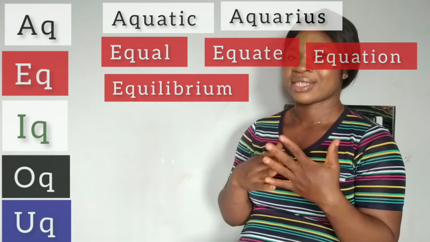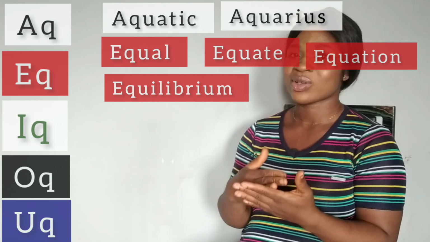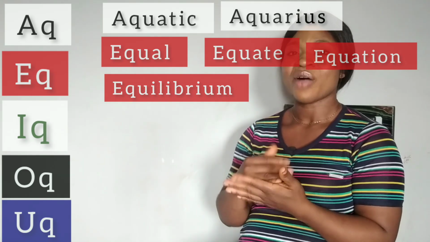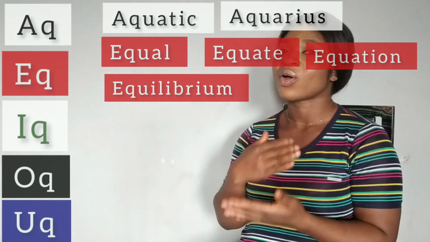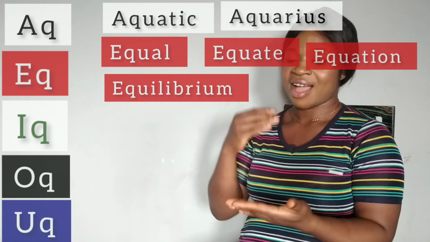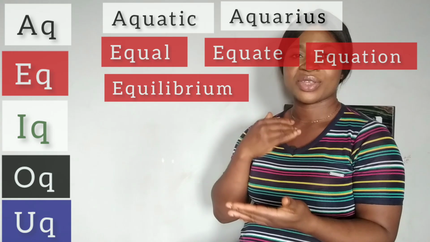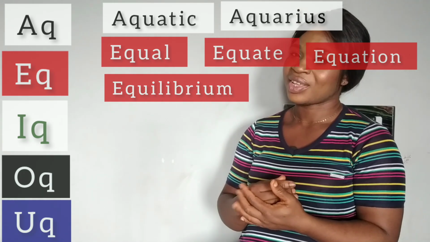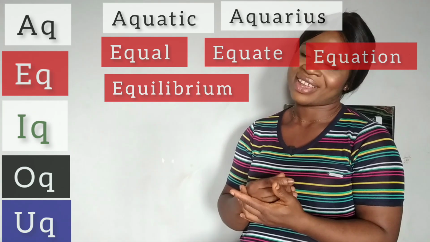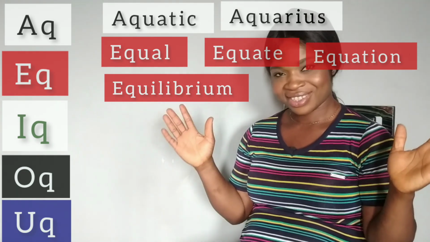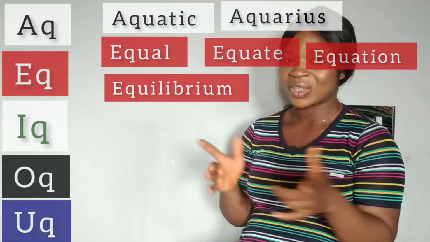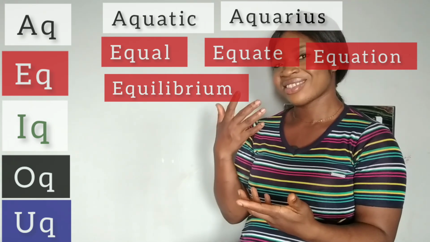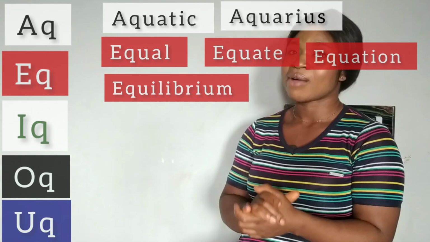We don't have many words that we are familiar with that fall under the IQ. So let's see the next one. Now we don't have many words that fall under these categories of the OQ, the UQ, the IQ. Okay, you can actually try adding something pronounceable by yourself so that you can know if you're getting the gist. We don't have many words that fall under that category, but you can try, anything, even if it's your local language. At least it's all about practice, you know.